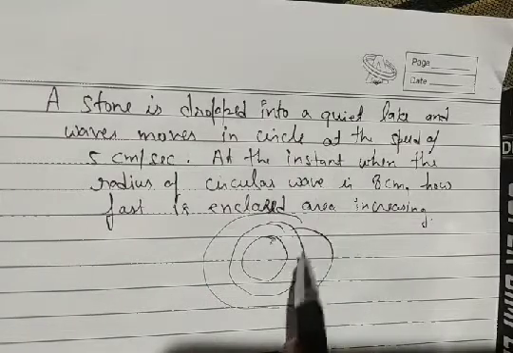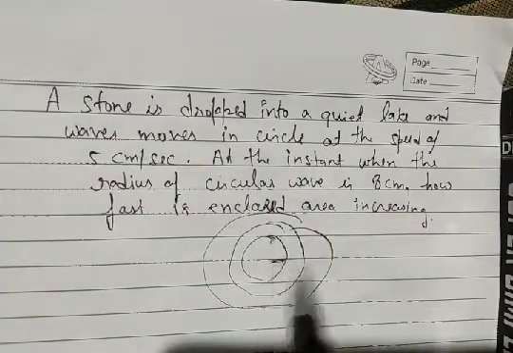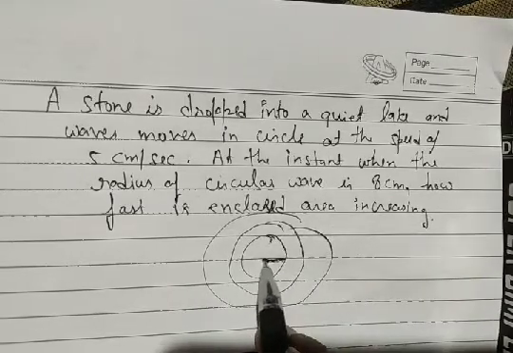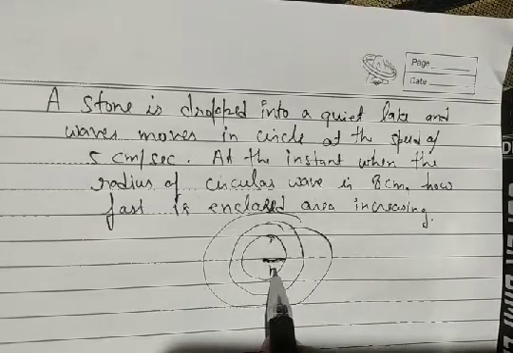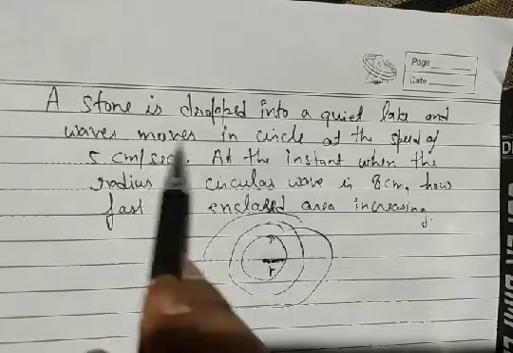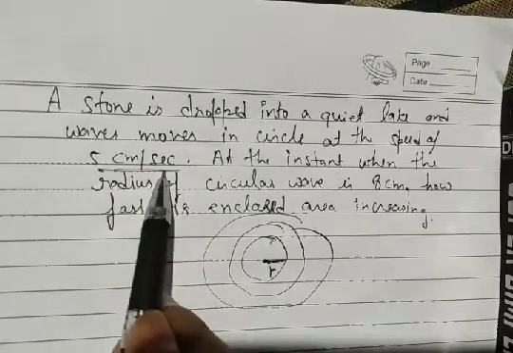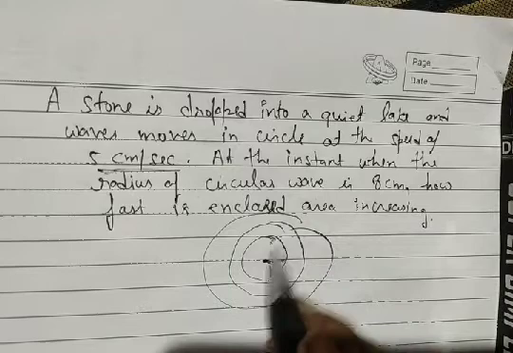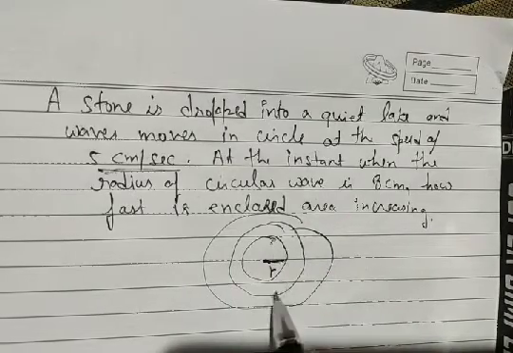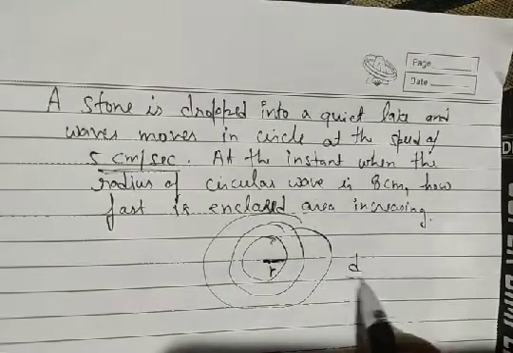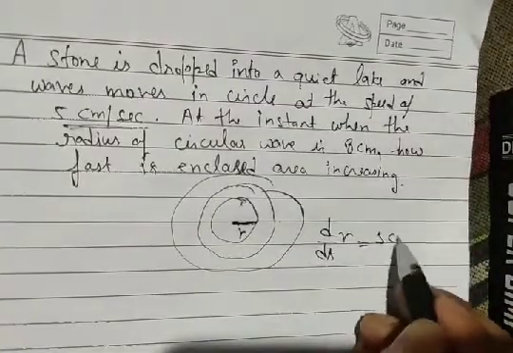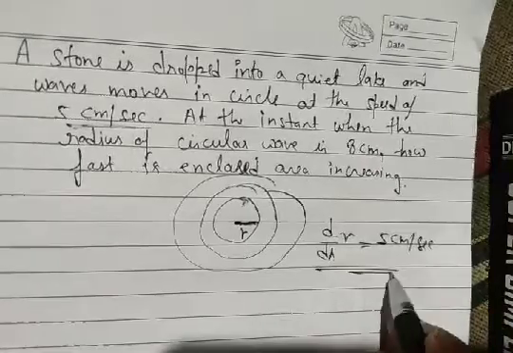It moves in a circle at the speed of 5 centimeter per second, and this represents our circle with radius R. The variable is the radius. So what is given is dR/dt, which is 5 centimeter per second.